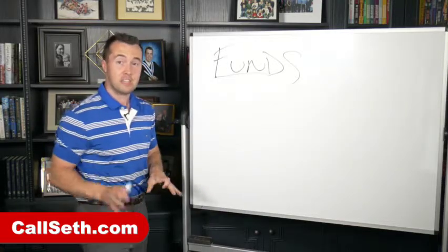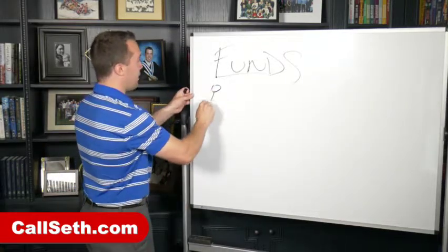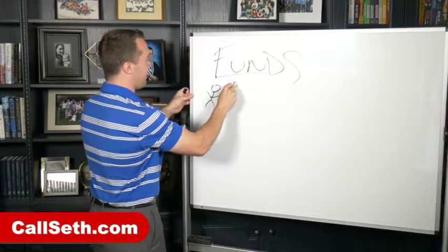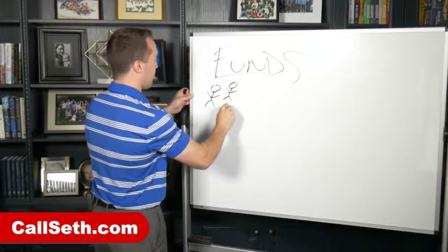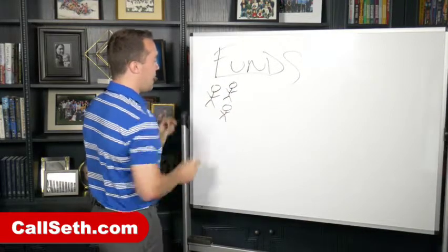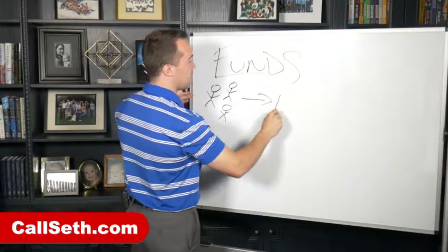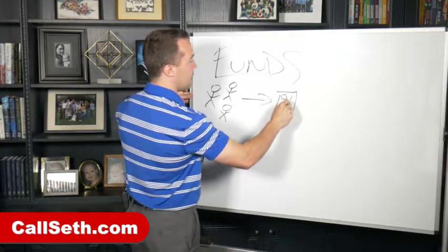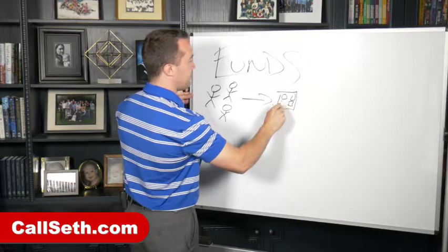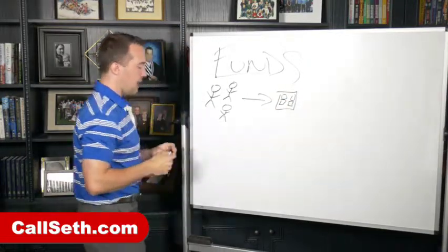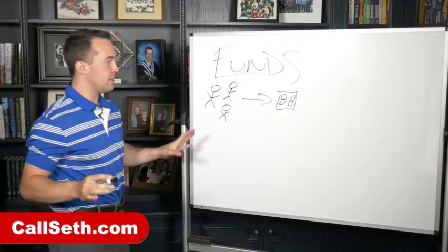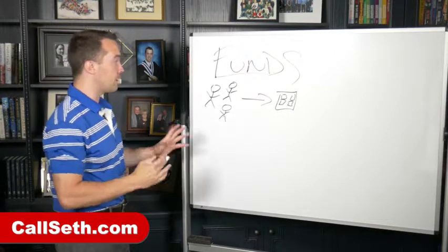With the syndication, like you'll remember, we'll have the investors. I'll just draw stick figure investors right here. I think 3 will suffice. These investors will invest into a real estate syndication, which is a single property, whether it's a multifamily property, retail, industrial, office space, mobile home park, that sort of stuff.